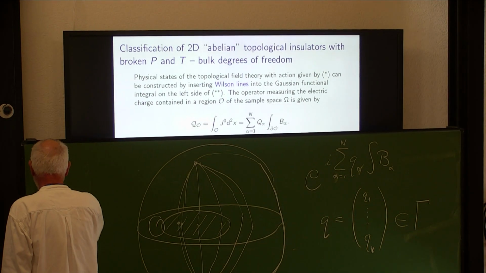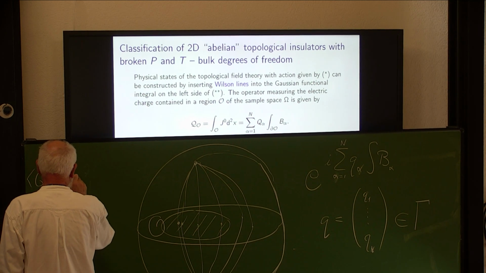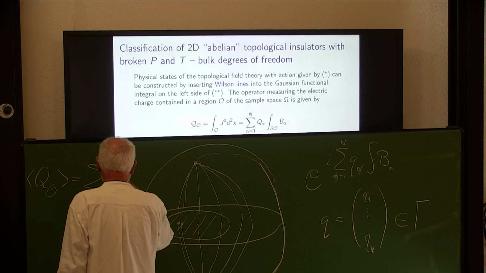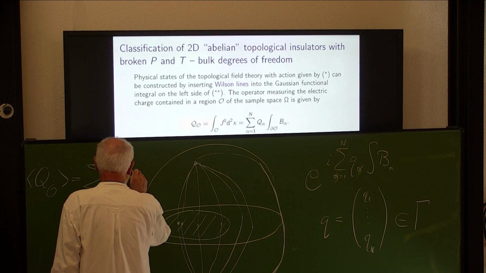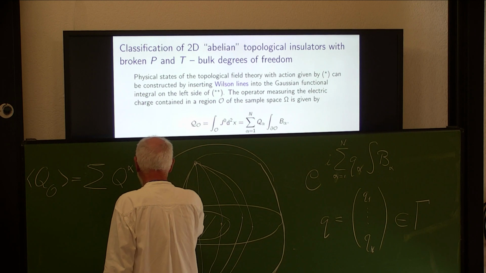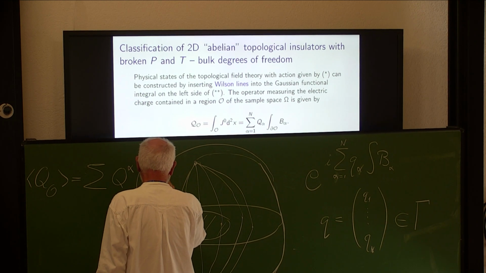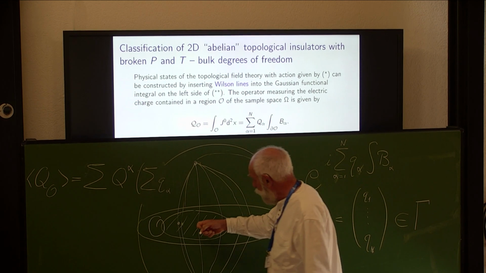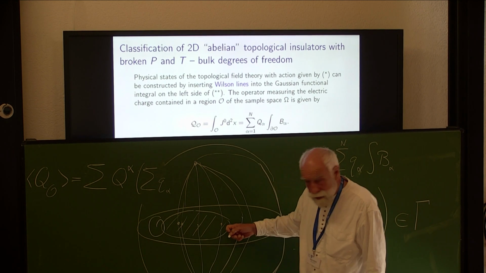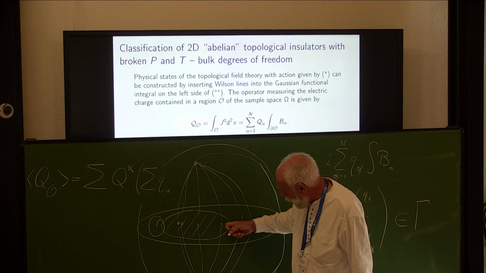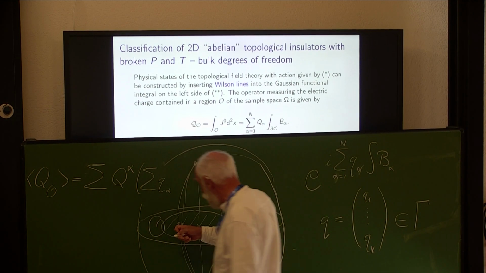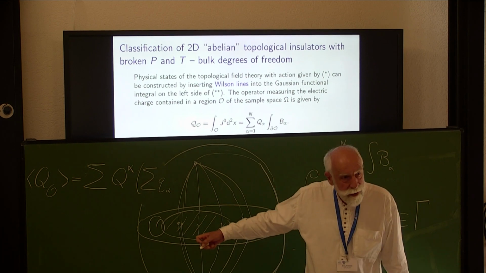so Q, the charge inside O, expectation is nothing but some Q alpha, and then the sum of the Q alphas that are inside, whose endpoint of the Wilson lines landing inside O. So there is a second index that indexes the Wilson lines.